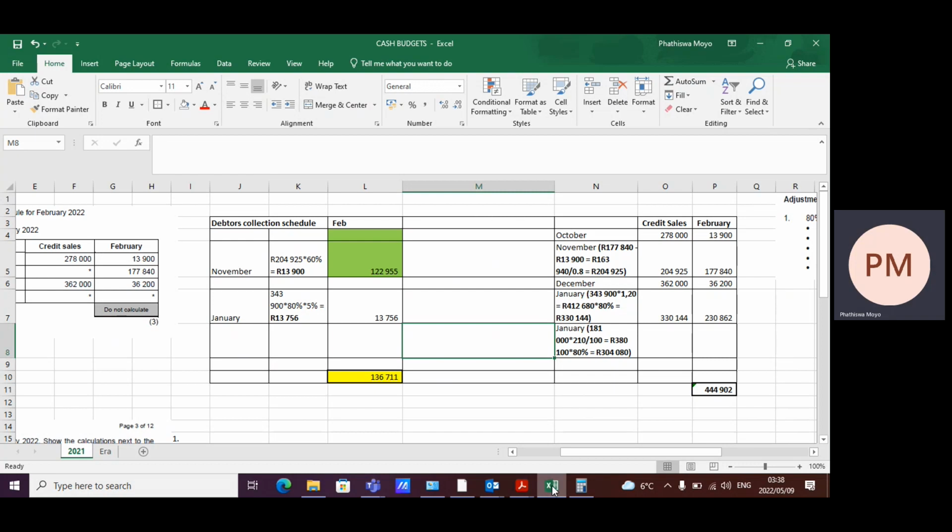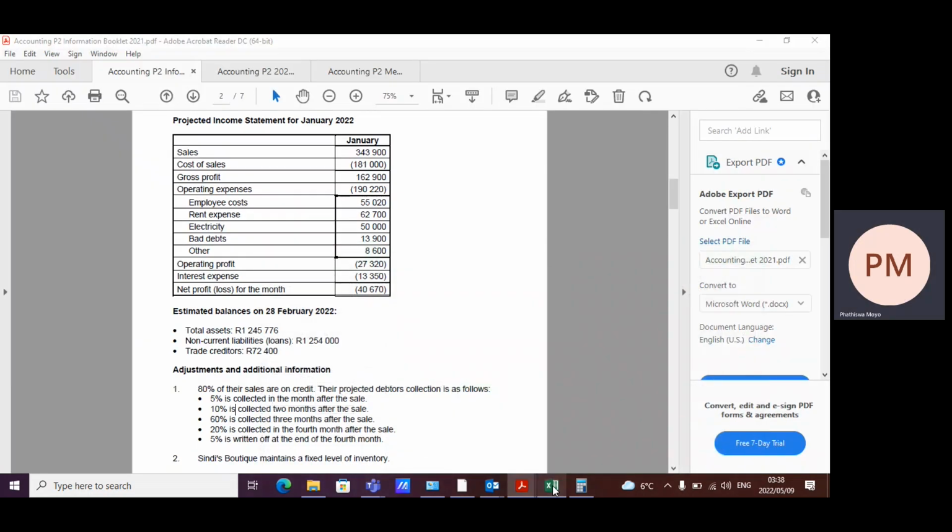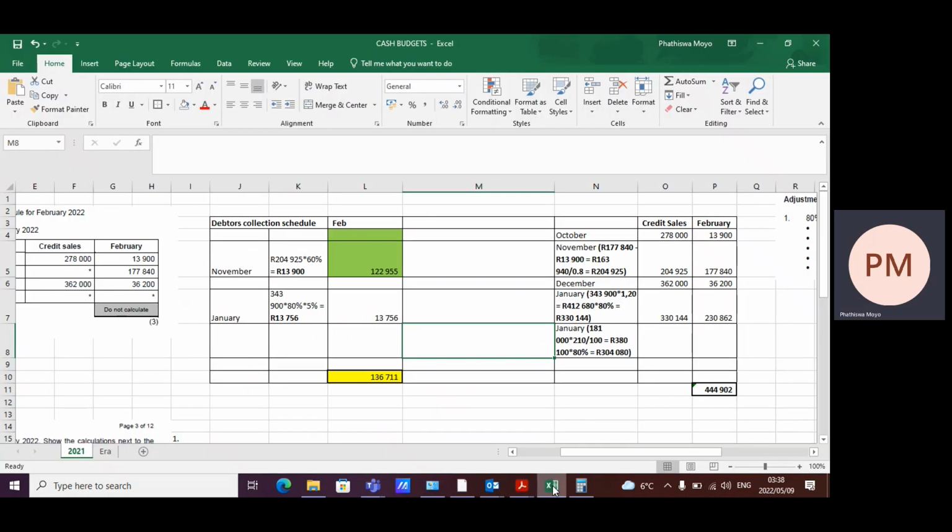October, 5% of it will be collected in the month after the sale, which is 13,900.